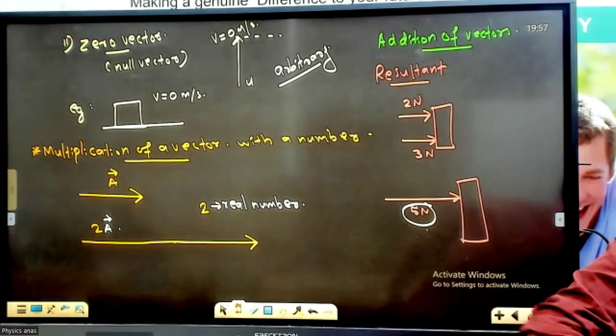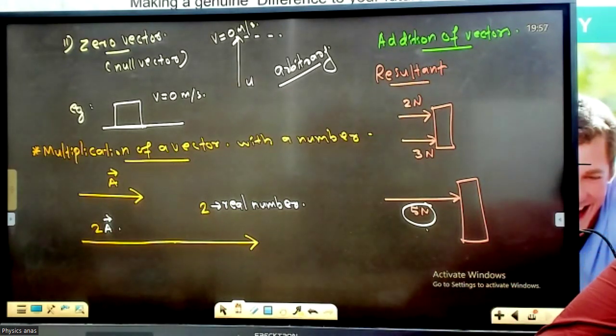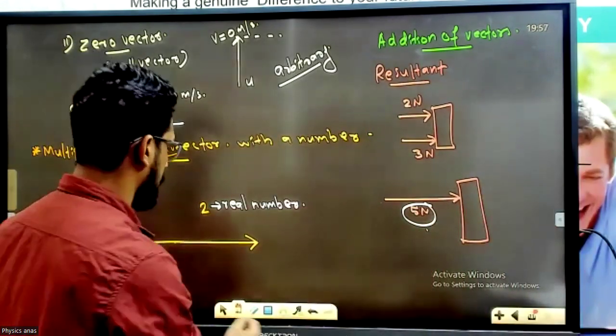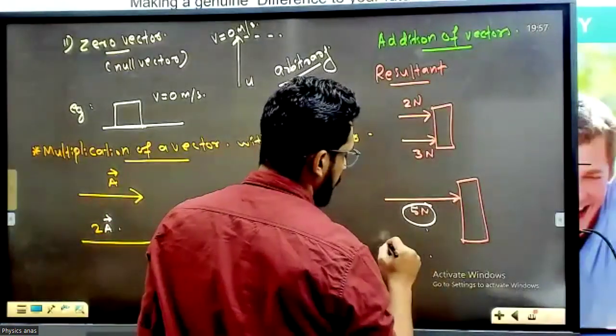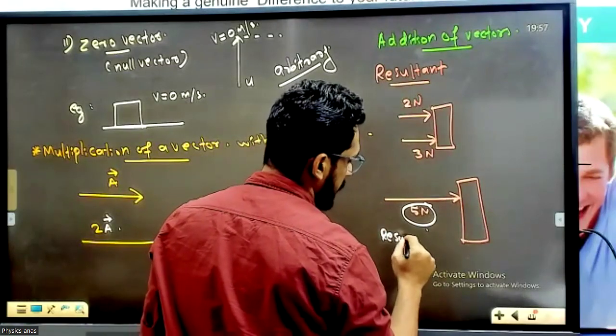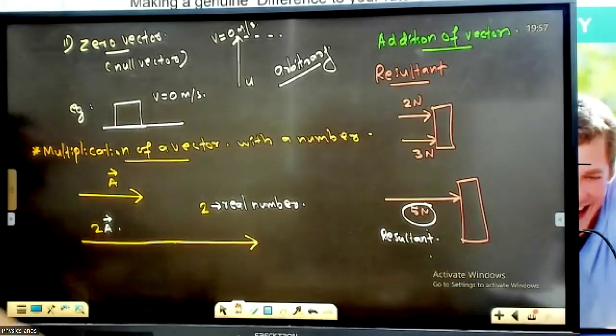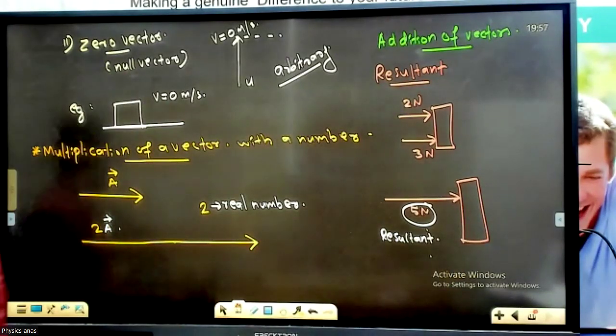You can draw the example that is given on the board. This is a resultant. You can draw that example. Got it?